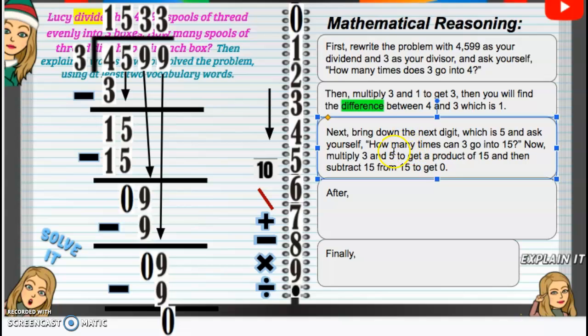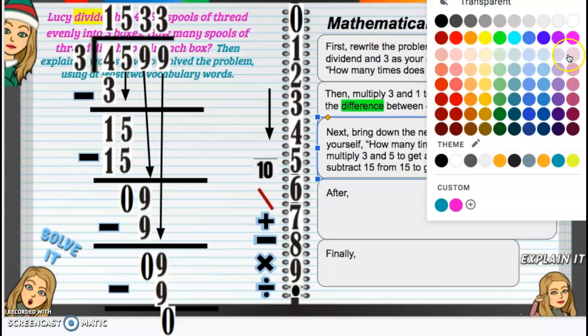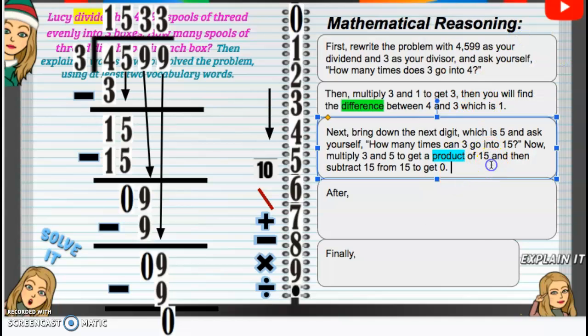Because we brought that 5 down and we had that 1 there. And I know that that word product is a vocab word. Ding, ding, ding. We'll do that blue.